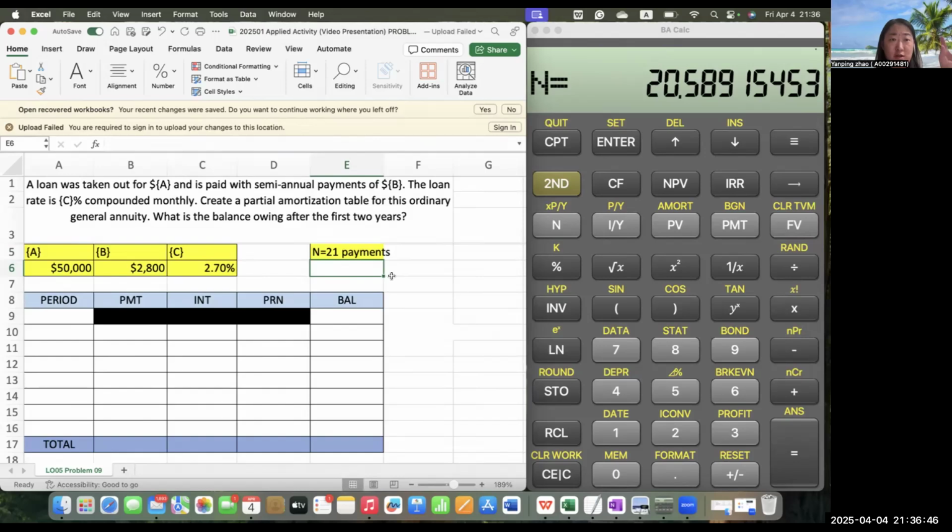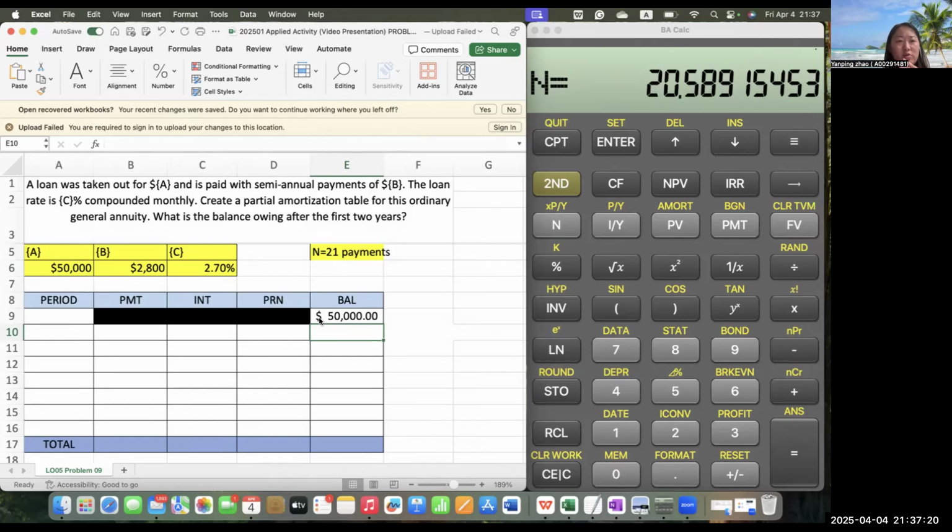As you can see, we already set up the table for amortization, so we need to know exactly what's on the table. Here we don't enter anything, but we have to write the opening balance 50,000. 21 payments is the number of payments we need.